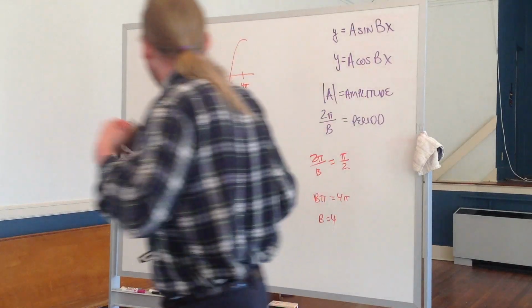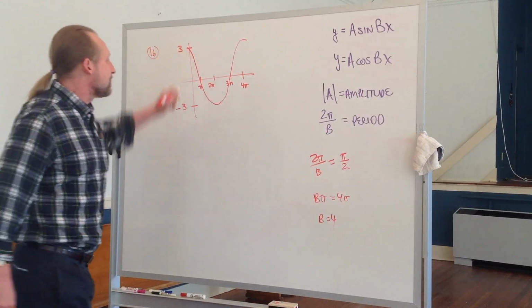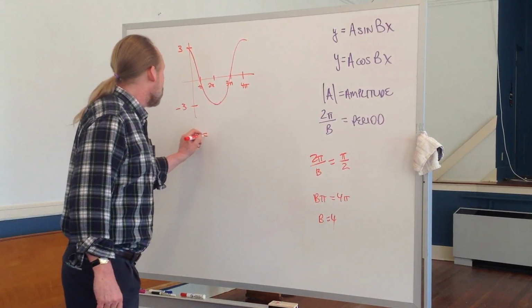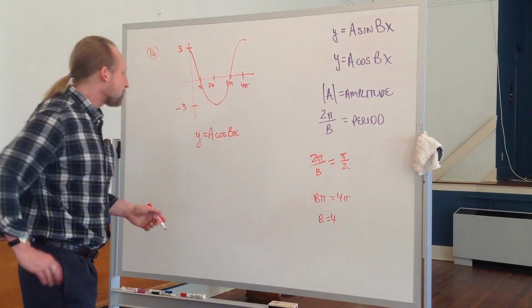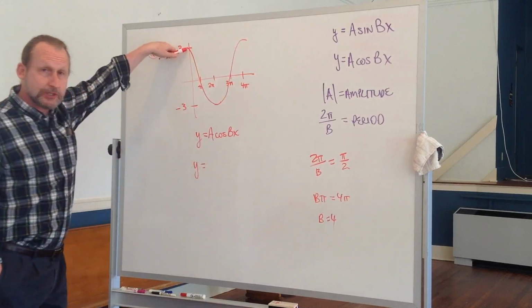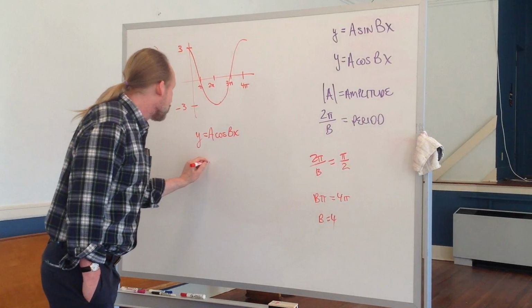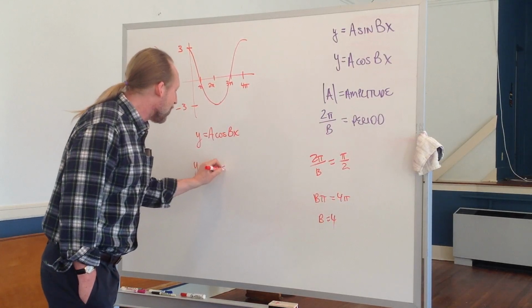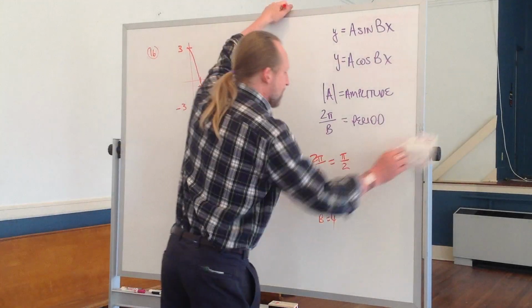Okay, so let's see here. Well, this is a cosine graph, right? Because it starts at the maximum value. So, it would be A cosine Bx. The A is going to be a positive 3, right? Because it starts at the maximum value. If it started down here, we would put a negative 3 in front of it. All right? And then the value of B.